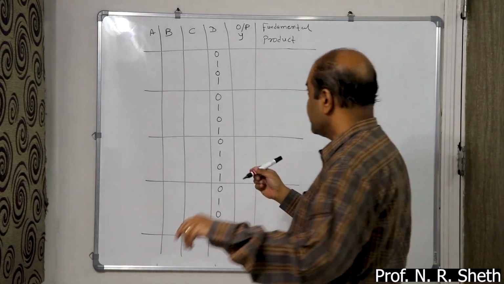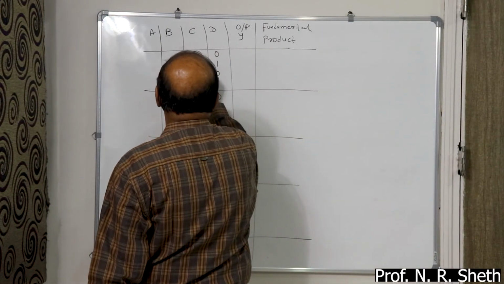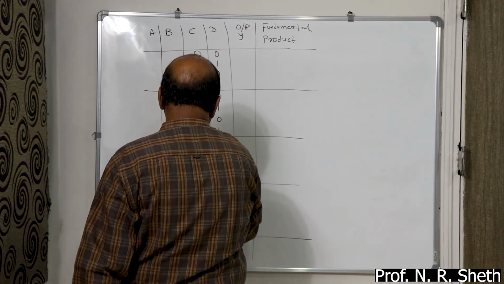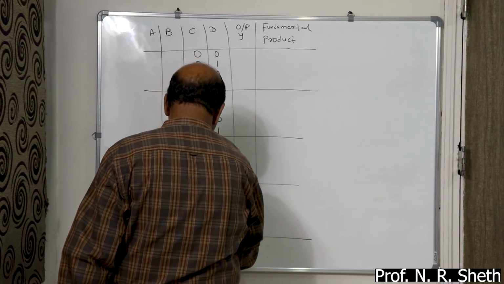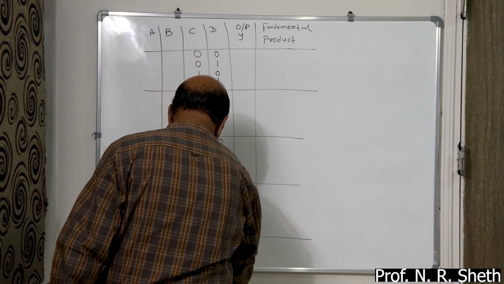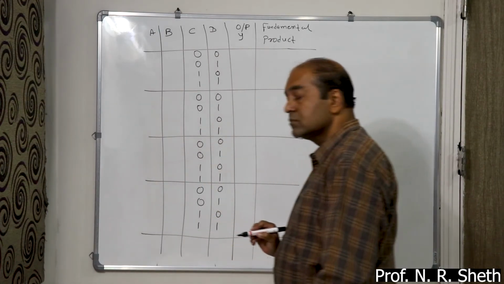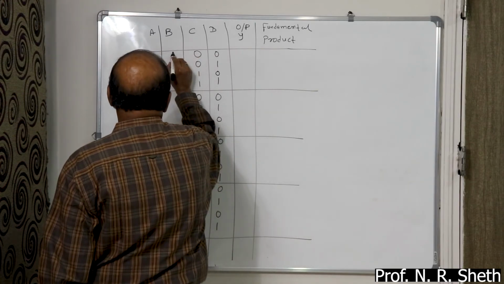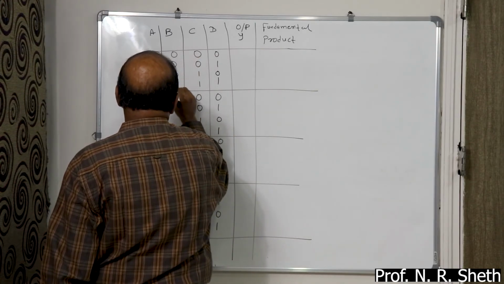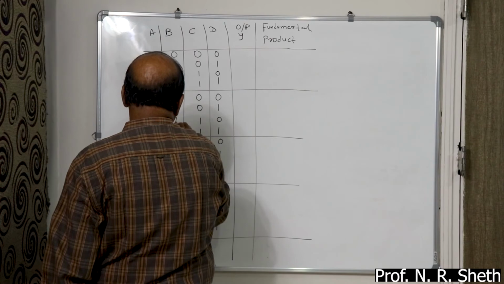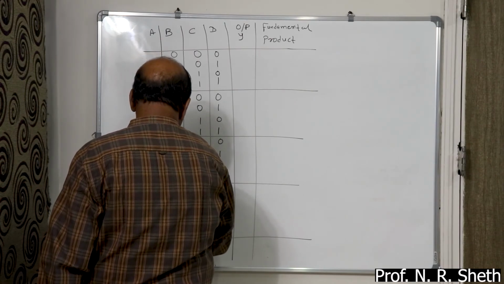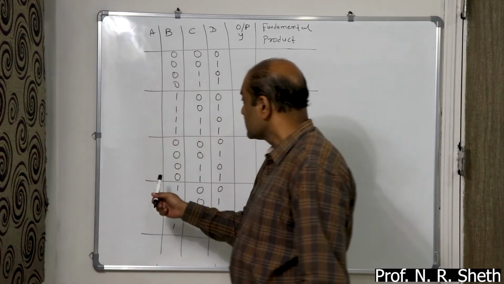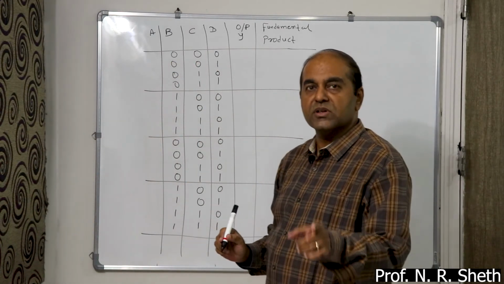Two times 0, 2 times 1. Four times 0, 4 times 1. The last 8 times 0, 8 times 1.